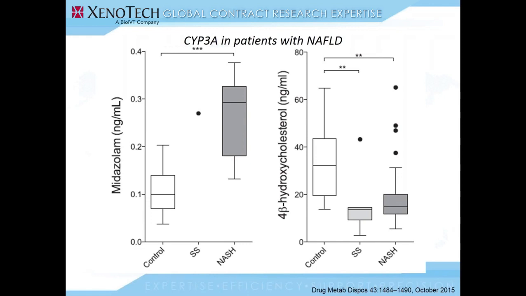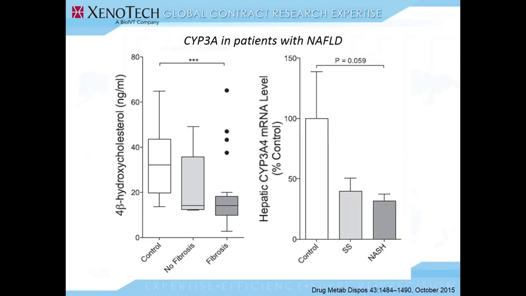It's interesting that patients with simple steatosis also have a significantly reduced level of this endogenous 3A4 or 3A marker. Other observations of this study also relate to 4-beta-hydroxycholesterol, which is reduced in relation to fibrosis.